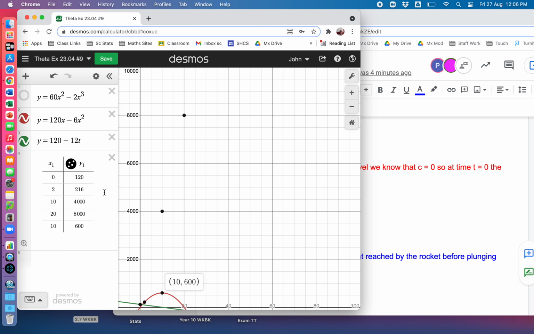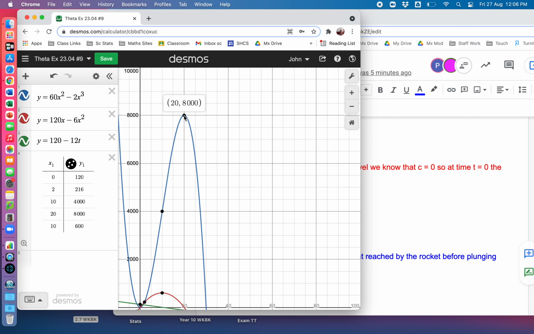And if I go back and put the displacement equation in, you'll see a couple of points of significance. There's the maximum height that the rocket gets to. 20 seconds in, it's at 8,000 meters.